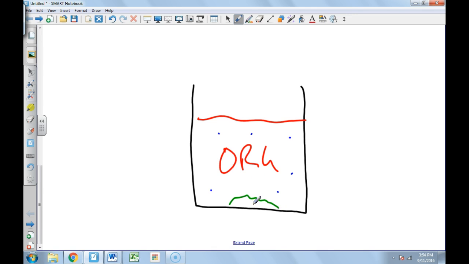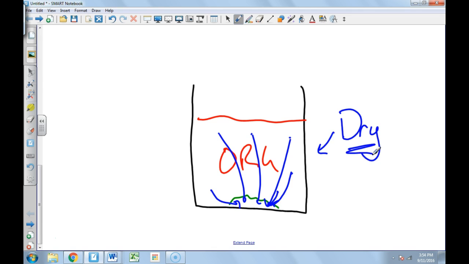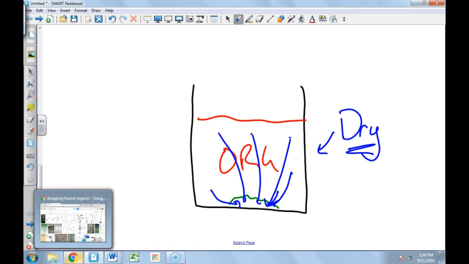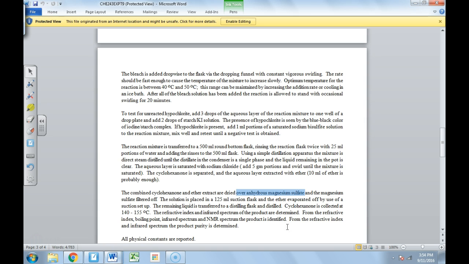Ether won't absorb into here, but water will, so any remaining water will absorb into the mag sulfate, and now our ether layer will be completely dry. Dry, free from water. So that's what the anhydrous magnesium sulfate is.